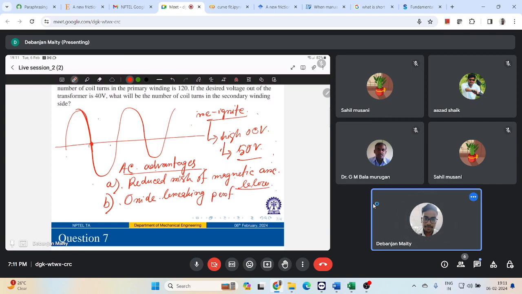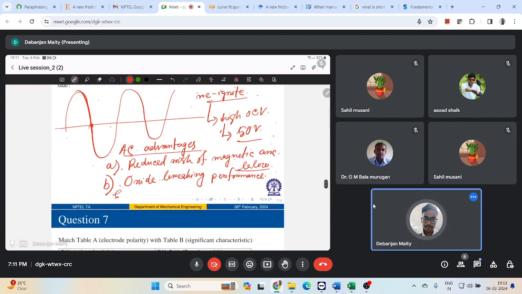In general, if I want to talk about an example, we can do TIG welding of aluminium with the AC power source. Aluminium oxide is very stable in nature even at room temperature, no?